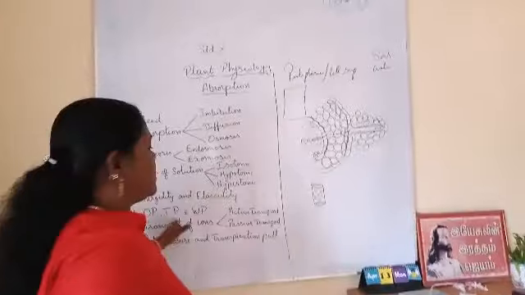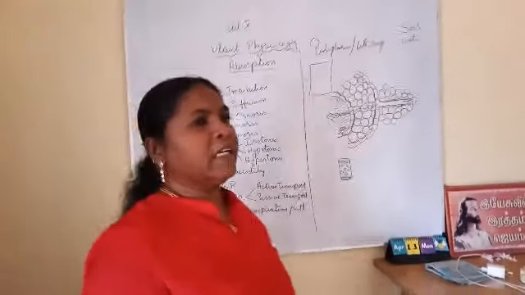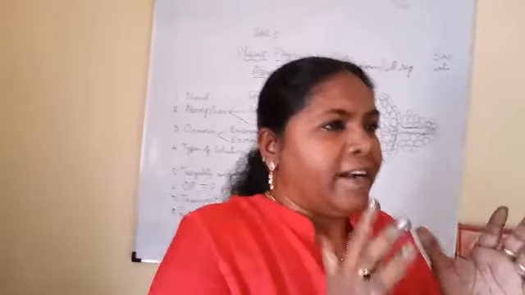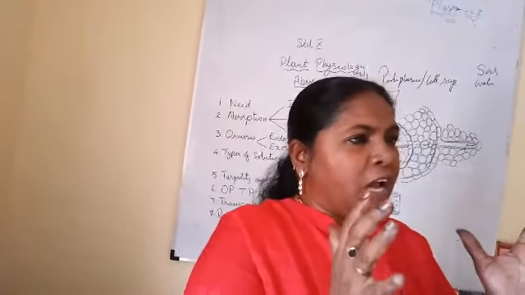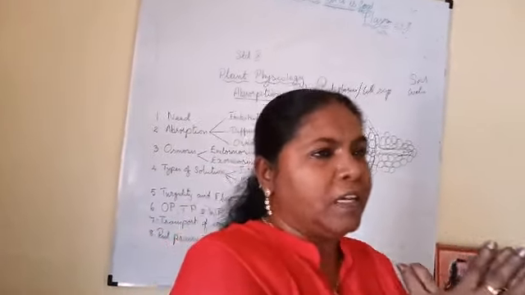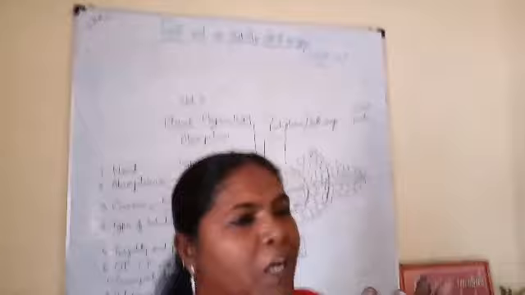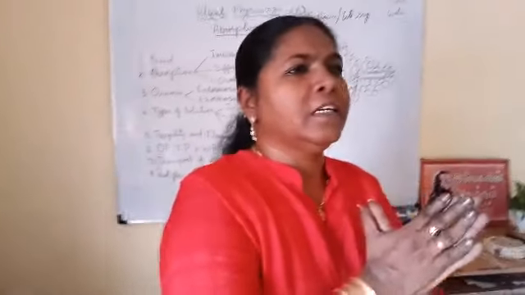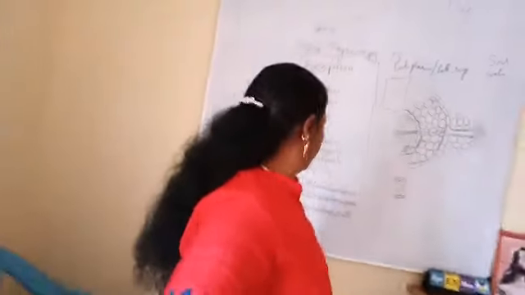The next one is turgor pressure. Due to the entry of the water inside the cell, the content bulges and presses on the cell wall. So the pressure exerted by the content of the cell on the wall is called turgor pressure.